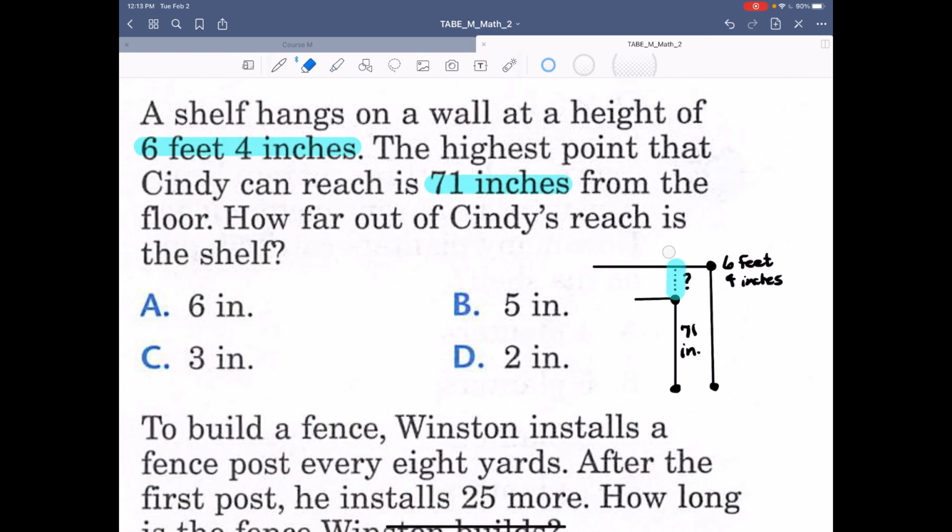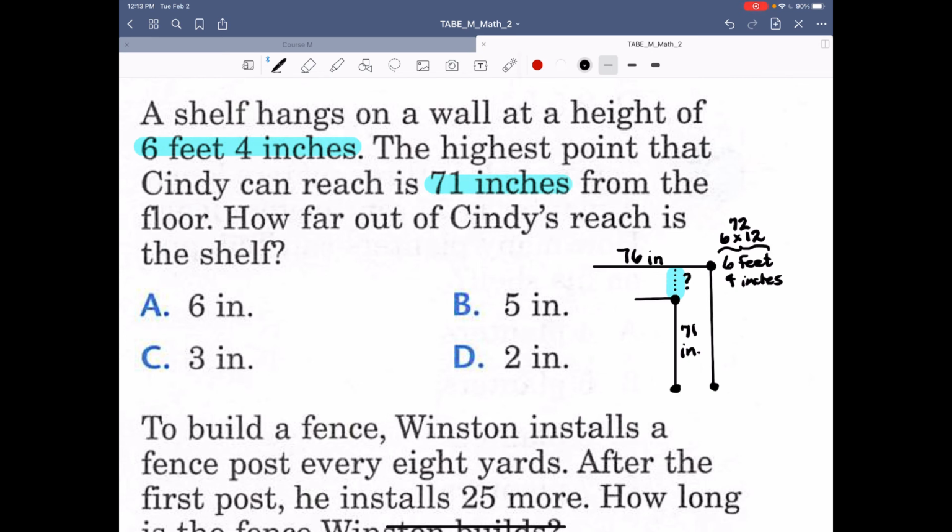So I drew that, and I'm belaboring this to help you see that this is a subtraction problem. You're looking for the difference in those two heights. But I do need to convert everything to inches. So I'm going to take this 6 feet, that's 6 times 12, that is 72, plus the 4 inches there gives me 76 inches.